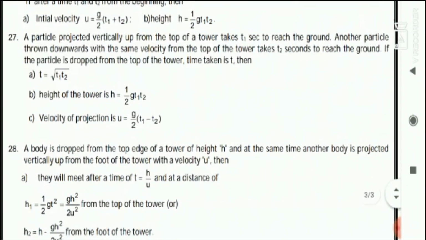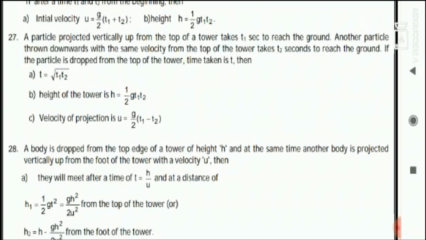And the next one: a particle projected vertically up from the top of a tower takes t1 seconds to reach the ground. Another particle thrown downwards with the same velocity from the top of the tower takes t2 seconds to reach the ground. If a particle is dropped from the top of the tower, the time taken is t.